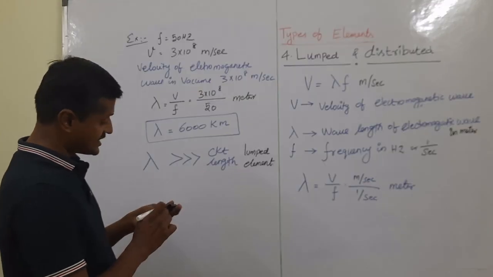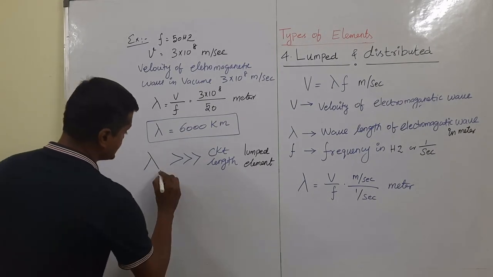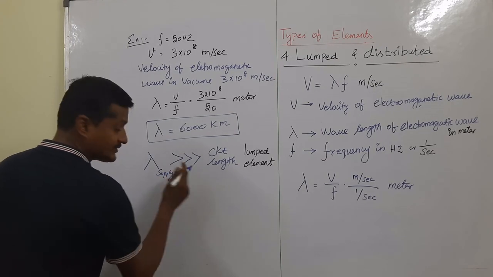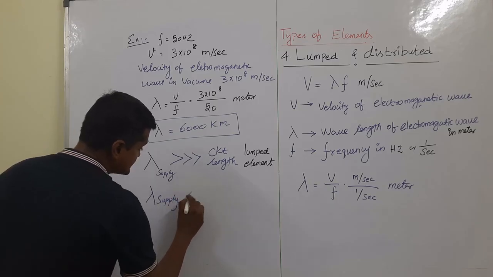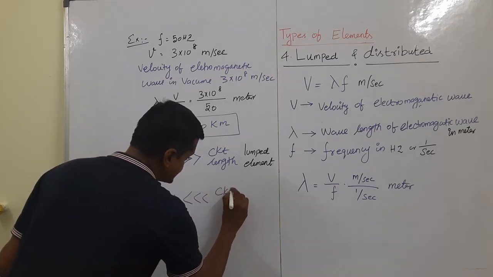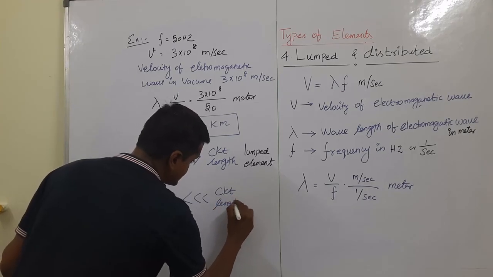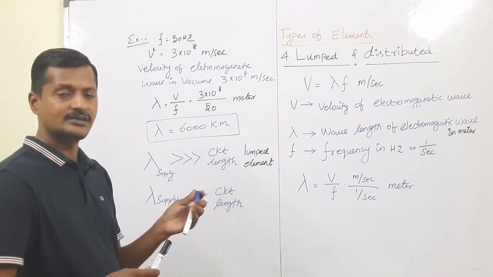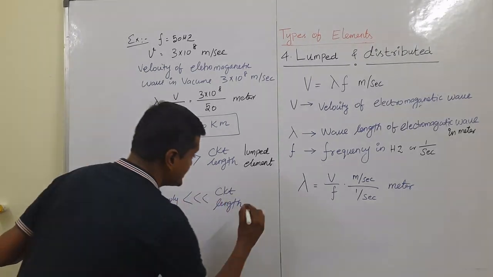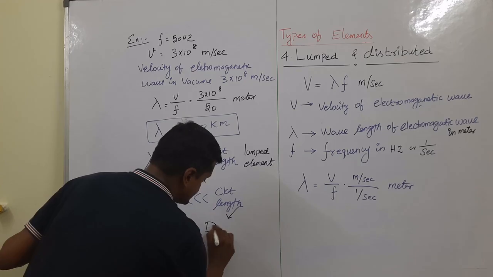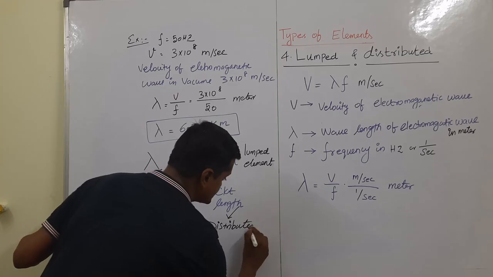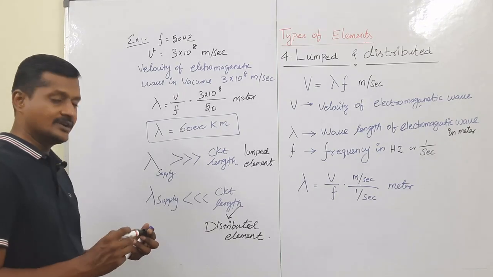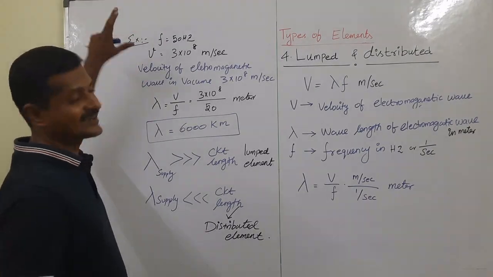So lambda is the wavelength of the supply. If the wavelength of the supply is greater than the circuit length, it is a lumped element. If it is less than the circuit length or more or less equal to the circuit length, that is called a distributed element, based on the 50 Hz in electrical.